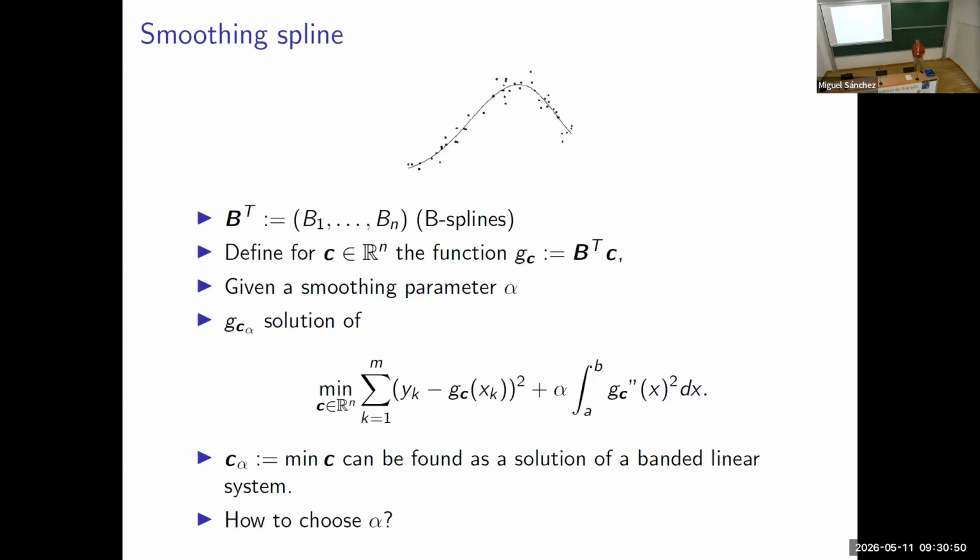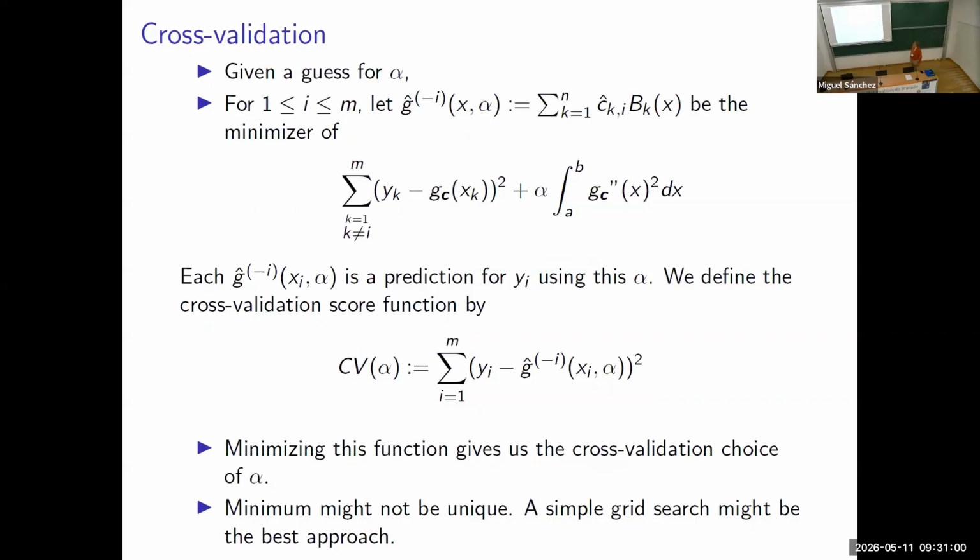But the question I'm interested in here is not so much how you solve it, but how you should choose alpha, the smoothing parameter. There's a technique explained in this book by Grace Wahba called cross-validation. Suppose you are given a guess for alpha, but you want to find a better alpha.